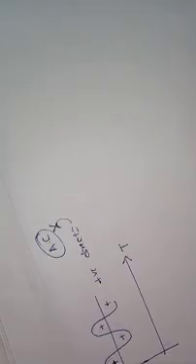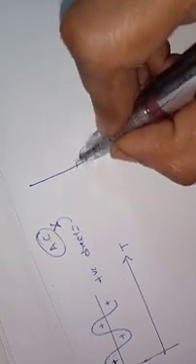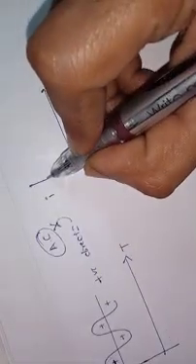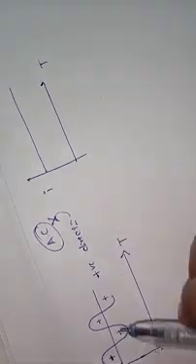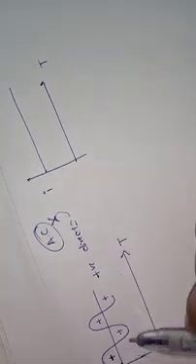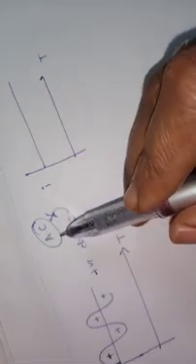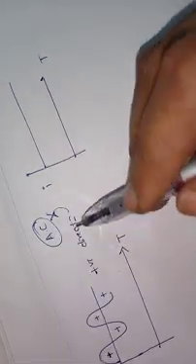Then one more diagram. So this is T, then this is I. The amplitude is the same here. Here also the amplitude is the same, but the direction is positive, so that's why here also it is not an AC.